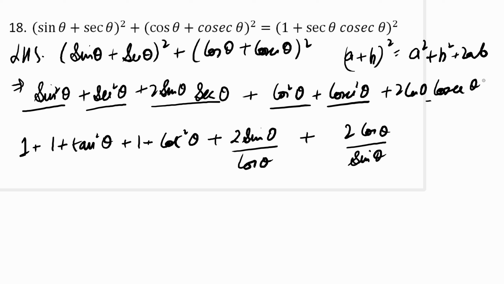So what will happen next? 1 plus 1 is 2, and it will become 3. Or what can we do? 1 plus cot square theta, 2, tan square theta plus cot square theta. Okay, let us do one trick over here.